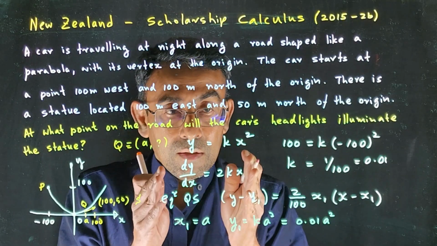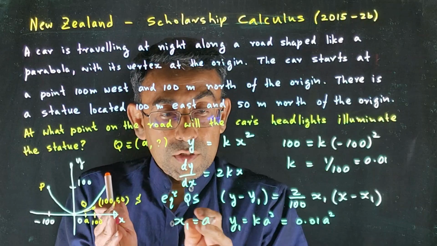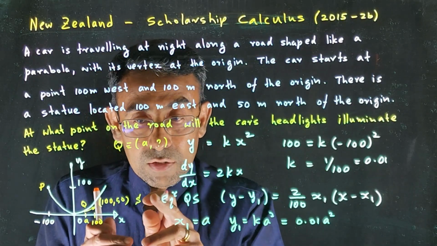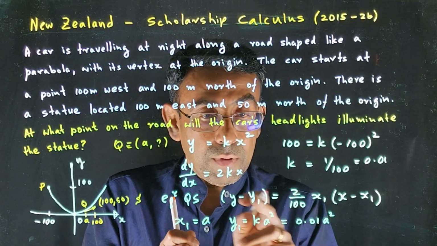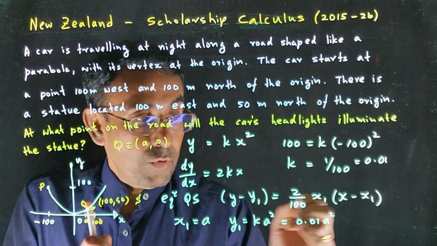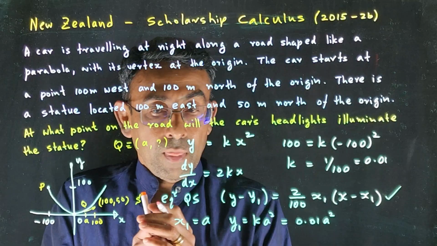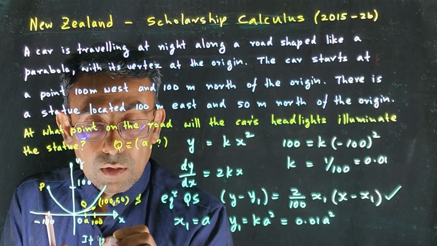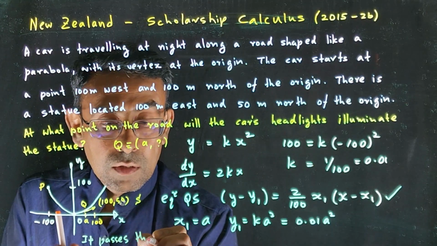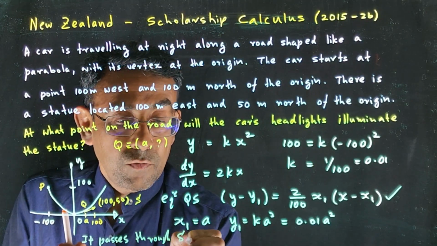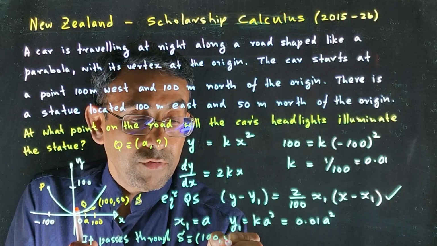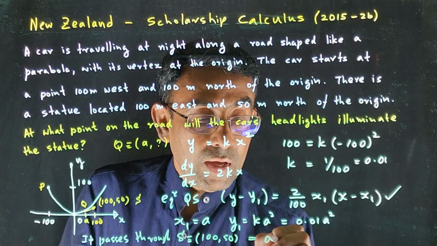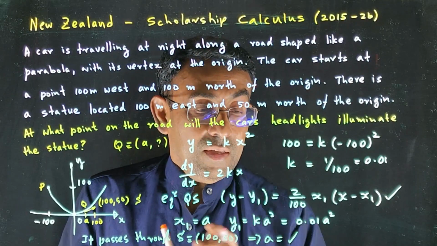Once you get the coordinates correctly, you substitute into this equation and you get an equation for this line. Since this line passes through S, which is (100, 50), you substitute in here and the value of a can be found.